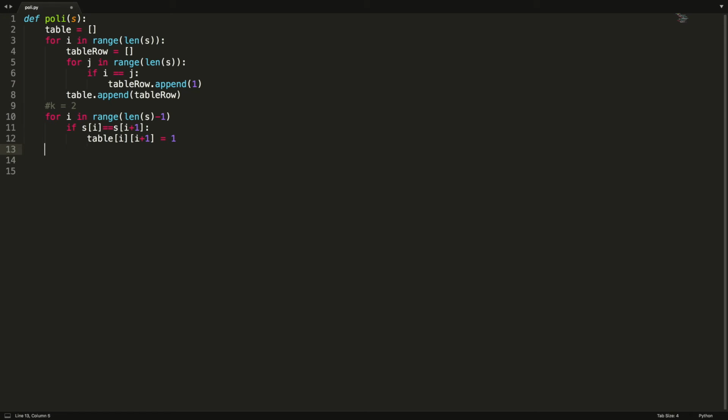So now it's k. We need some general condition like k equals 3. For now we will have a while loop: while k less than or equal to length of s.